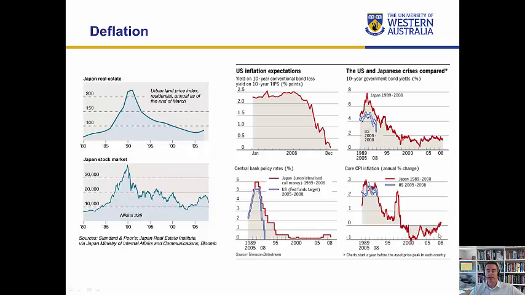So deflation can actually occur when the economy is experiencing very weak economic growth, and then prices across the board begin to fall. Deflation has happened very recently, and it'll probably happen again in some country in the not too foreseeable future.